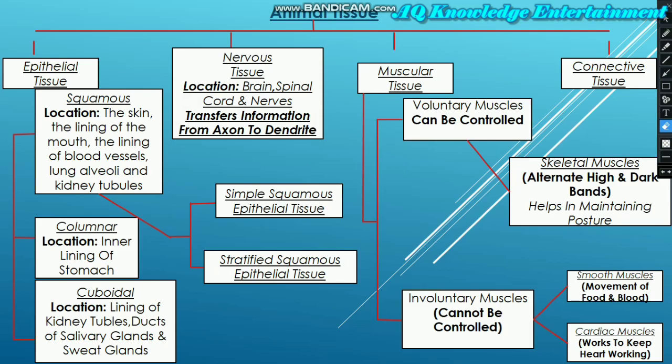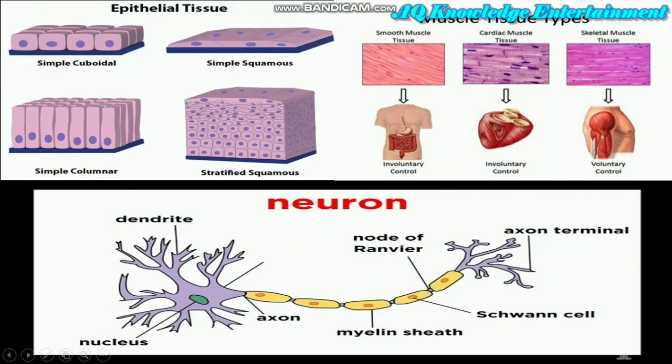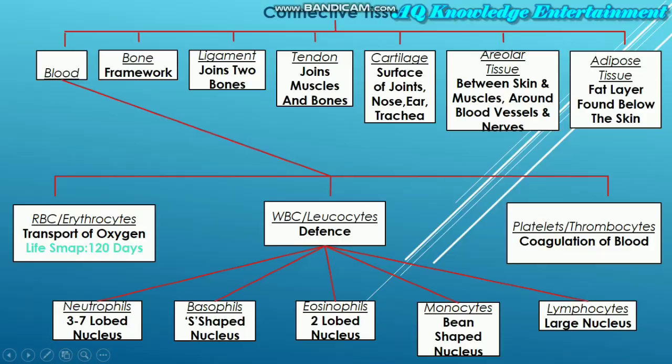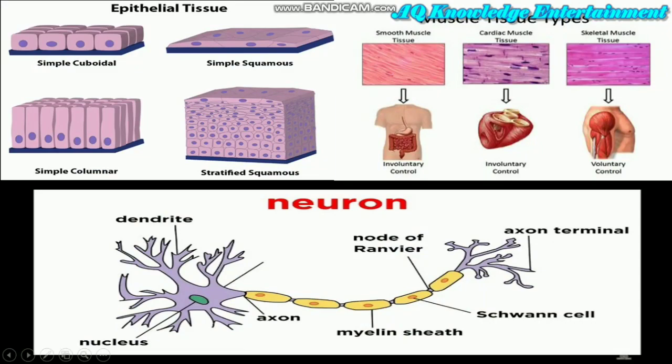Now let me show you a diagram of it so you will understand it better. Here you can see I have the diagrams of the epithelial tissue and the nervous tissue, also the muscle tissue, but I will tell you that later. First let's see the epithelial tissue and the nervous tissue.